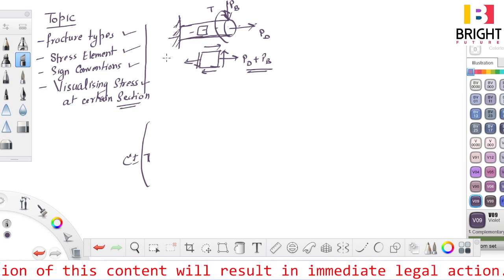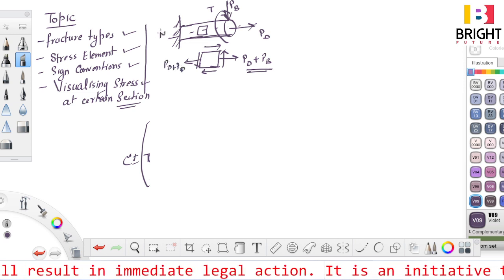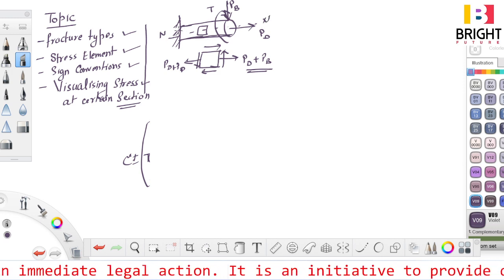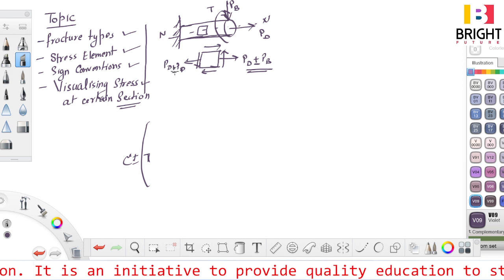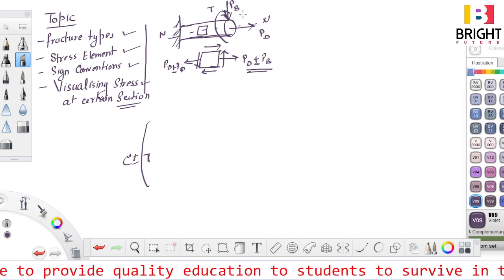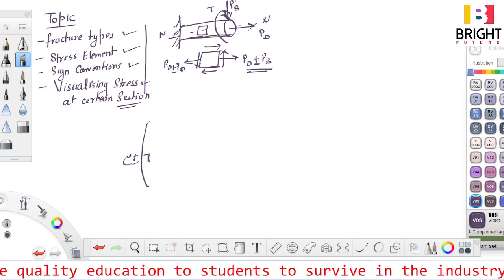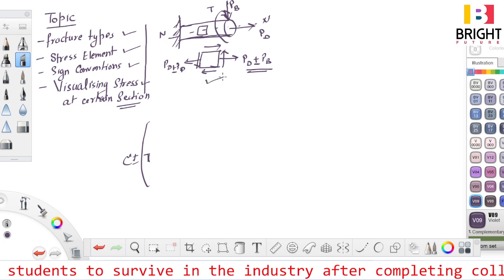This is the maximum loading, PD plus PB, but here is the neutral axis NN. So at one point these two will be plus minus. One time it will be plus, one time it will be minus, and at the neutral axis it has minimum effect, right? So this is the stress element.